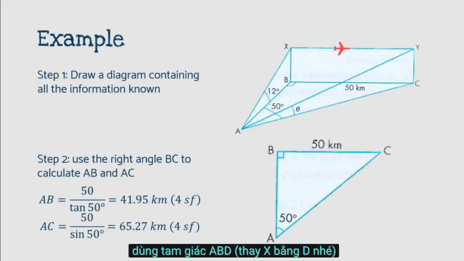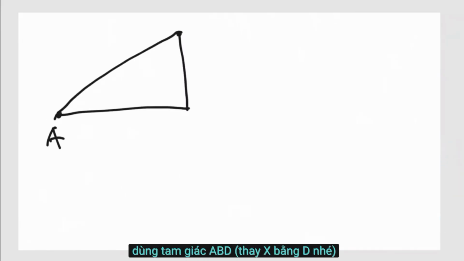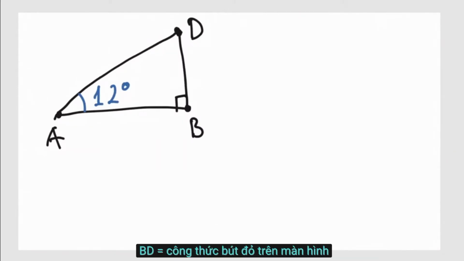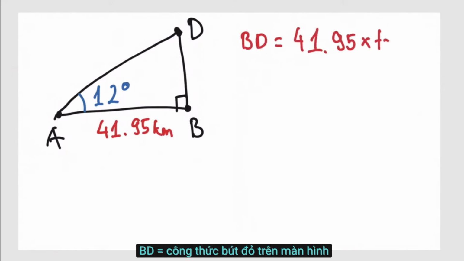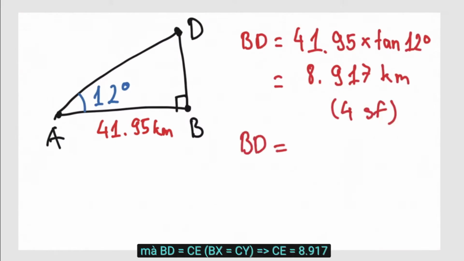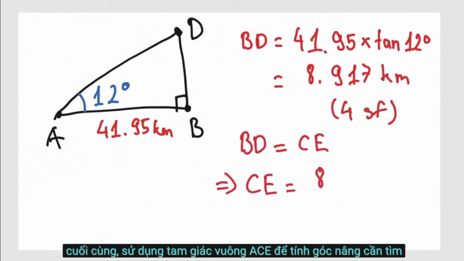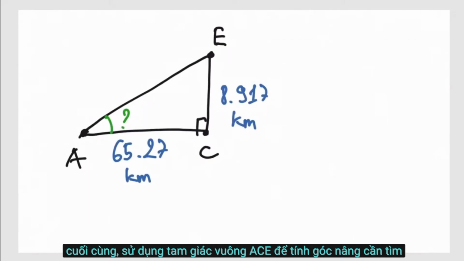Step 3, use right angle triangle ABX to calculate BX and hence CY. BX is equal to 41.95 multiplied by tan of 12 degrees, which is equal to 8.917 km, to 4 significant figures. Finally, use the right angle triangle ACY to calculate the required angle of elevation.